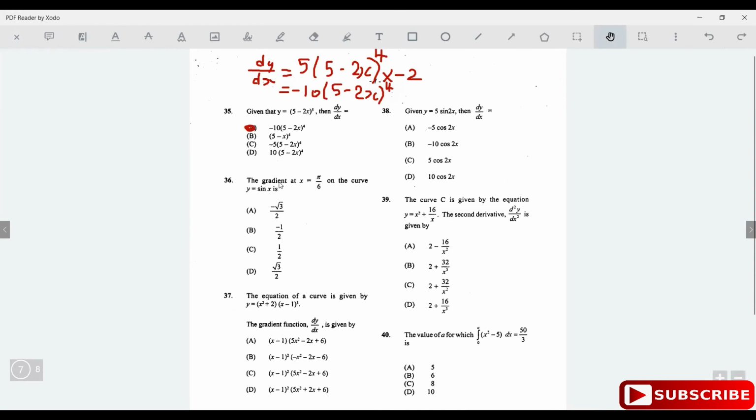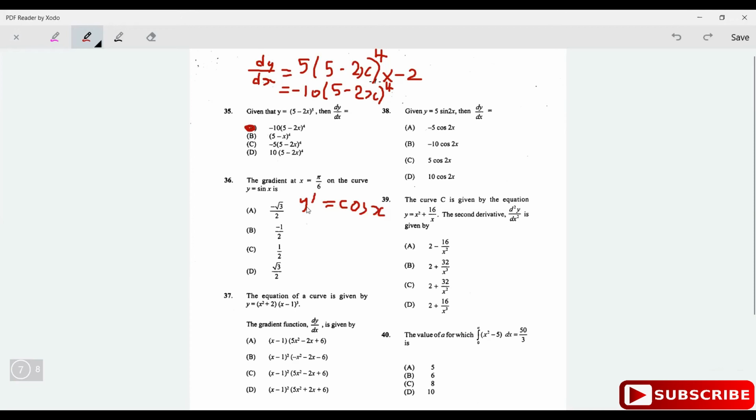All right. It says the gradient at x equals pi by 6. So first thing you need to do is differentiate sine x. When you differentiate sine x, you get y prime, which means dy by dx, and that is cos x.